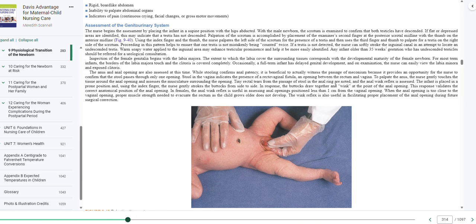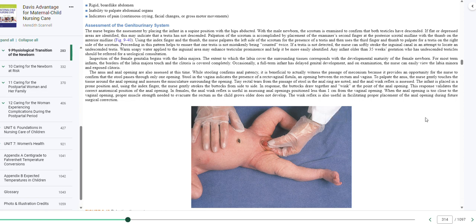Genitourinary assessments: for the female, we're looking at the labia majora and minora. The minora may be exposed if the baby is preterm, but in a full-term baby, the majora should cover the minora and the clitoris.